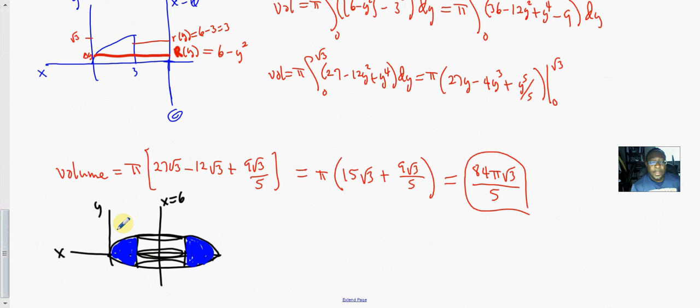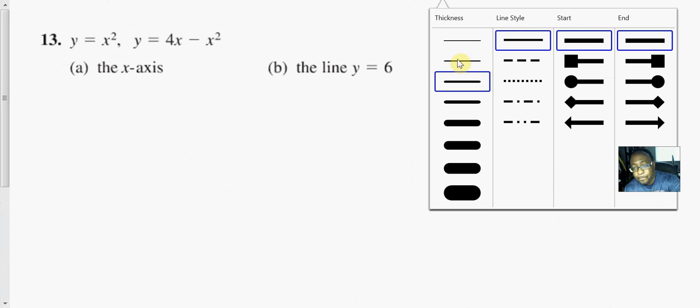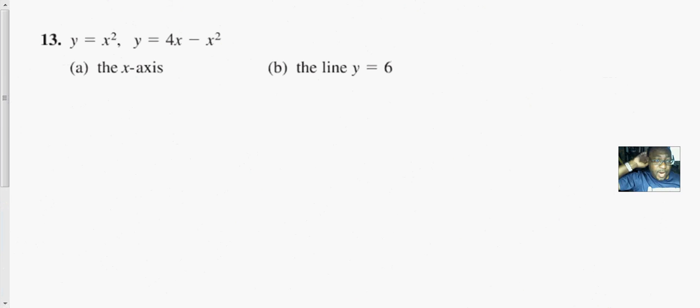Okay. Let's look at the next problem. Okay, so this problem here, y equal to x squared, y equal to 4x minus x squared. Let's take the first part, about the x-axis.